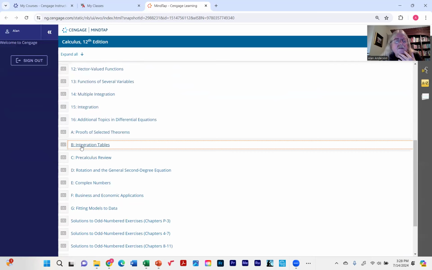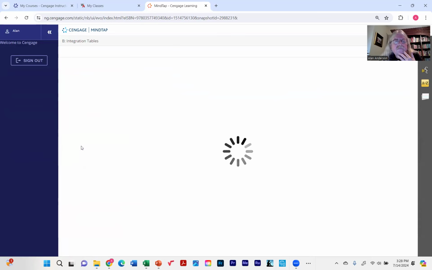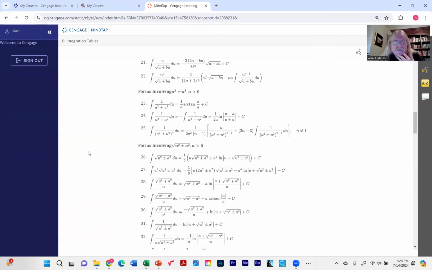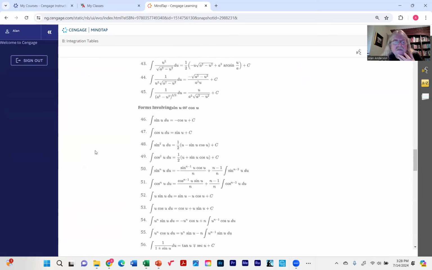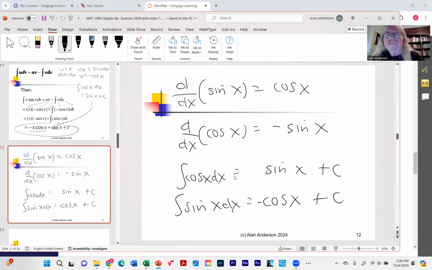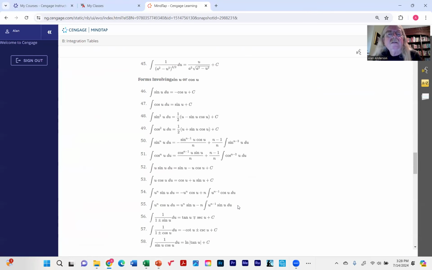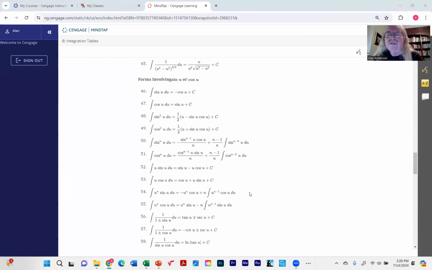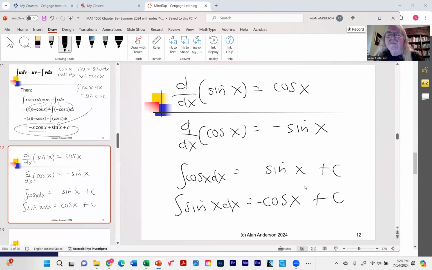And all it is, yeah, there it is. So somewhere down here, it has the trig functions. There it is. Okay. So the integral of sine x, or in this case, it's sine x dx, is negative cosine x. Integral of cosine x is sine x plus c.